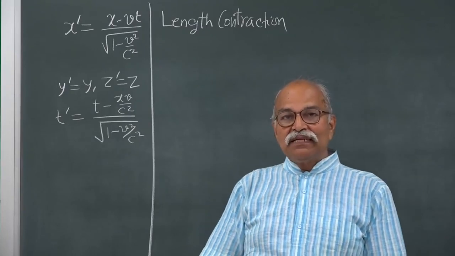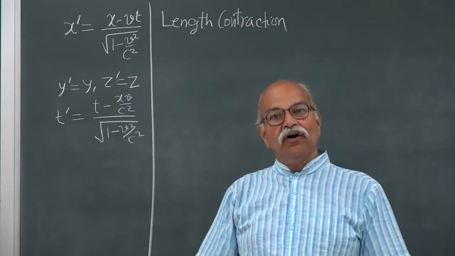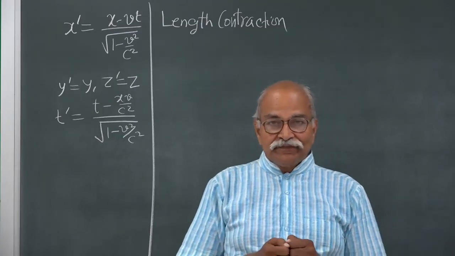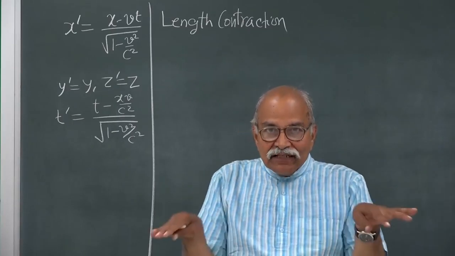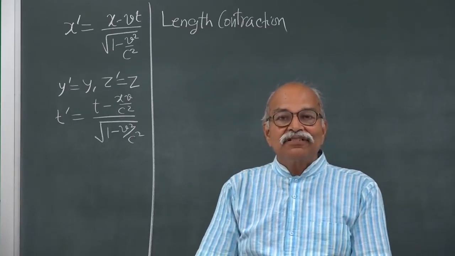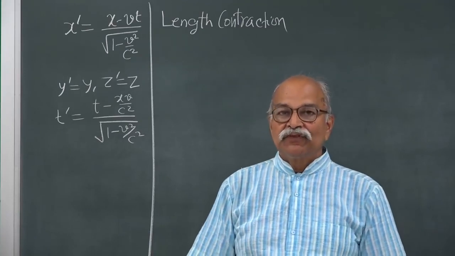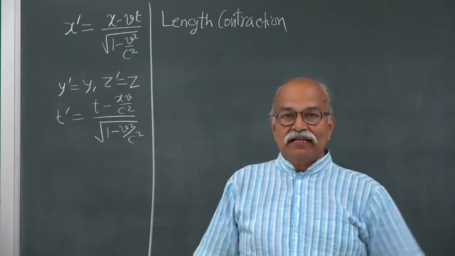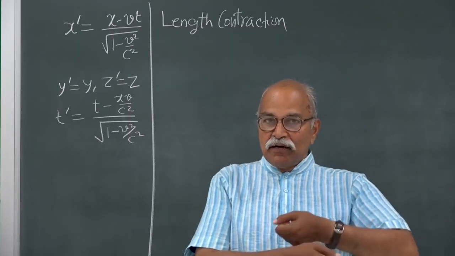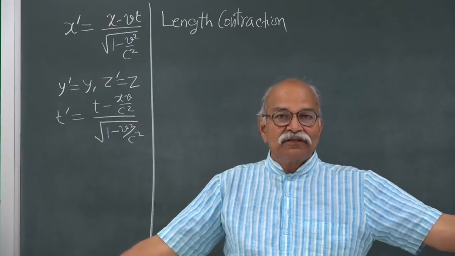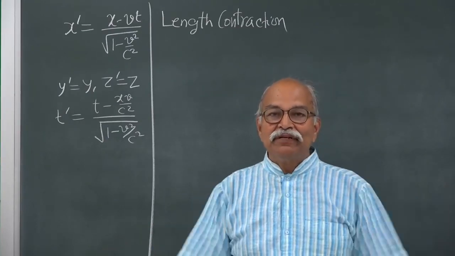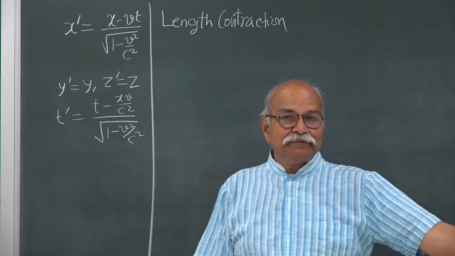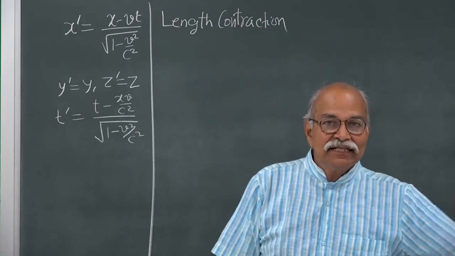So, if I have to measure a length of a material object or just in space itself, how do I do that? If that length is at rest with respect to me, for example, a table, I can put a meter scale or a measuring tape, go to the left end of that length and measure what is there on the tape.